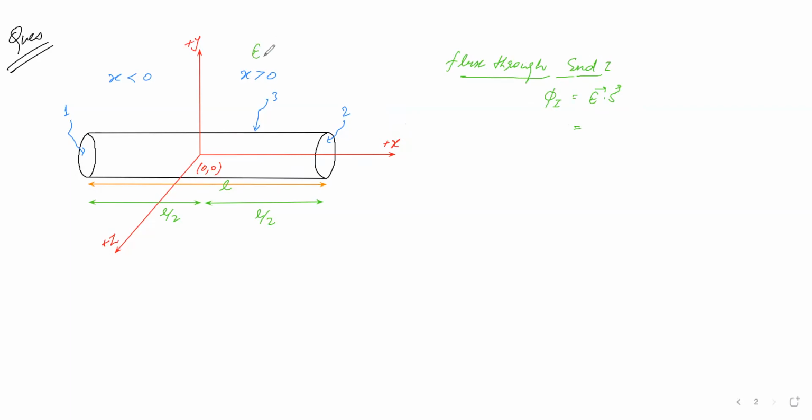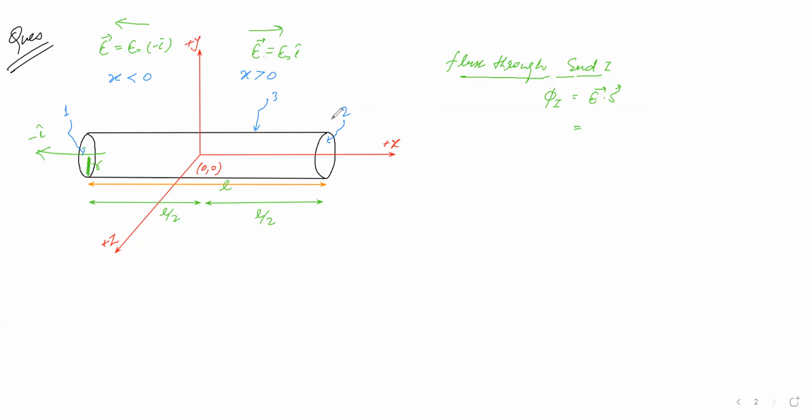This electric field will be E is equal to, suppose that it is your E naught i cap, and the direction of electric field in this region will be E naught minus i cap. Okay, because this is in the negative x direction and it is your positive x direction. So in region first, the electric field lines will pass like this. This is your minus i cap, and the radius of this Gaussian cylinder is small r.